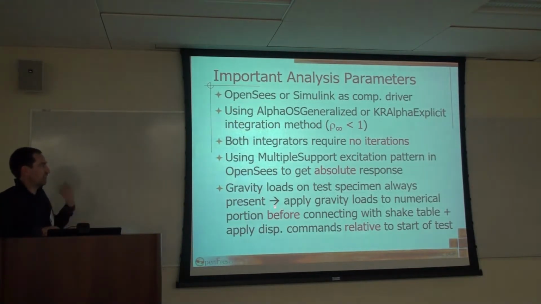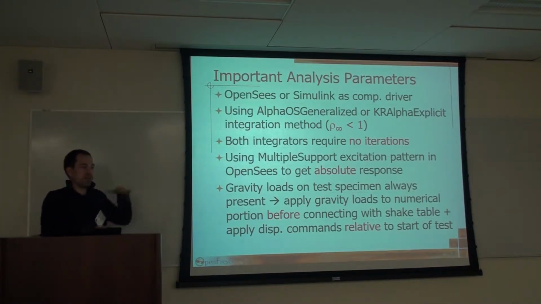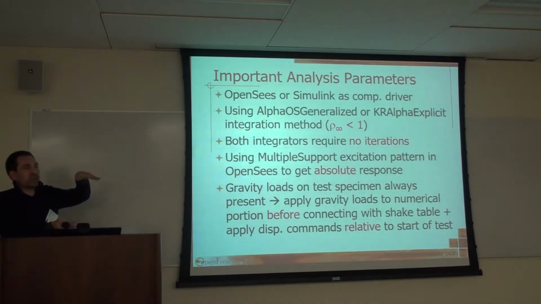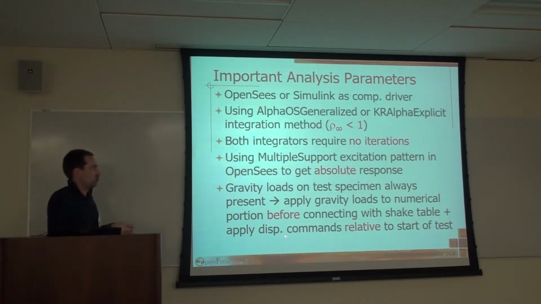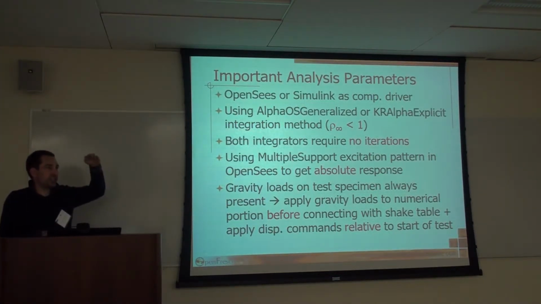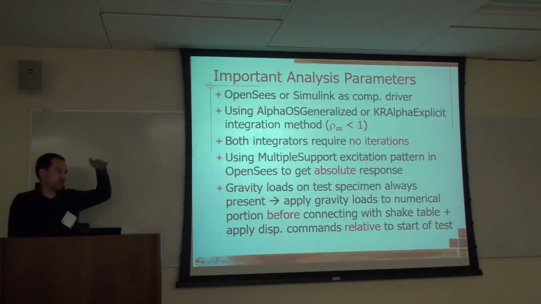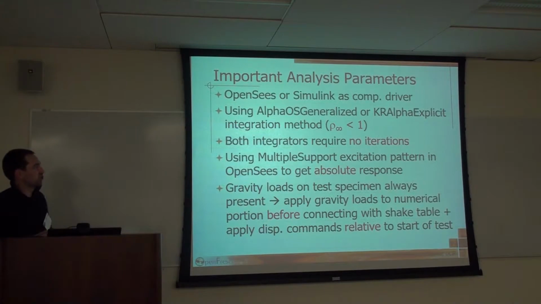So the way to get around this is you put your gravity loads onto your numerical model before you connect with your shake table, but that means your numerical model will have already settled a little bit. And so in the vertical direction on your shake table, you will already have a command there. So you need to control your shake table relative from that point. Otherwise, the shake table will in your first step just go down because your numerical model has already shortened. So you basically control the relative.